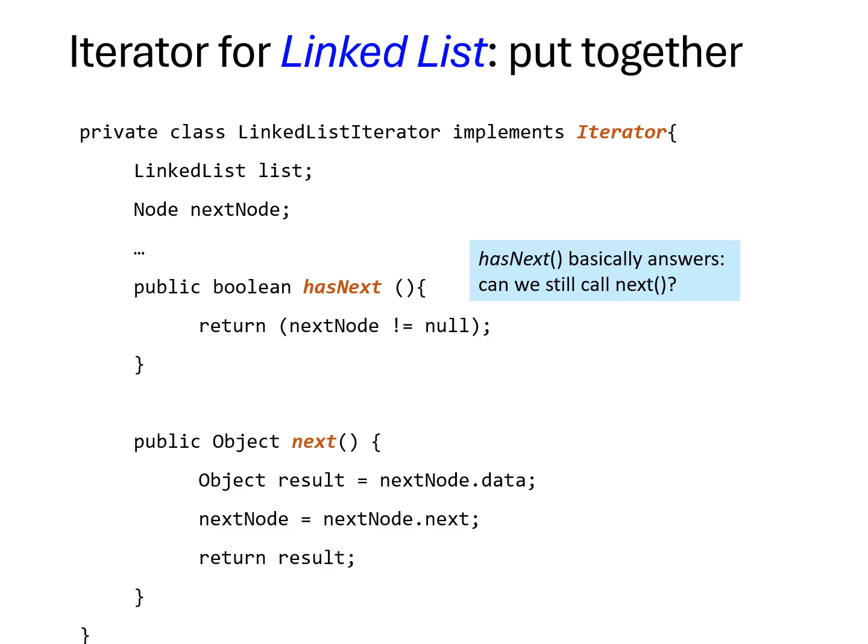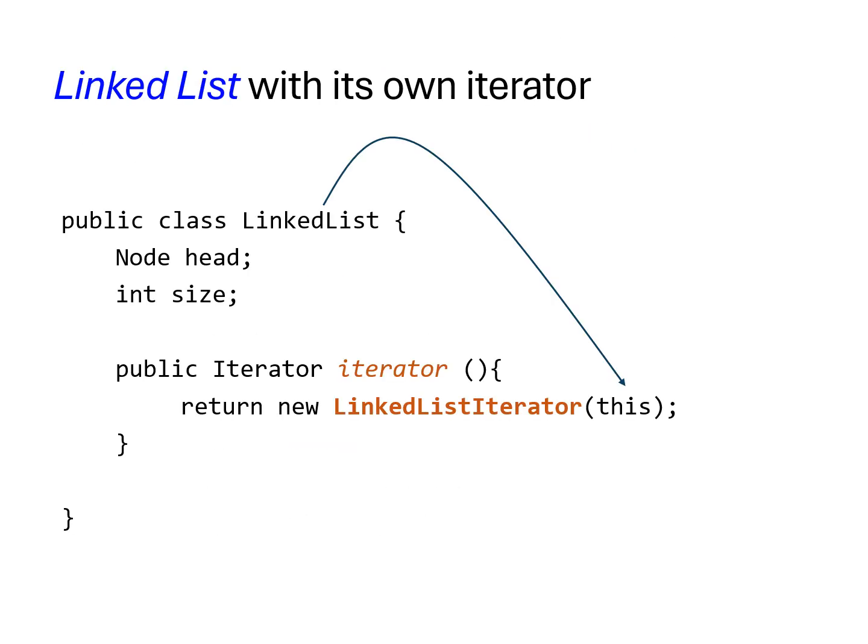Then we return the result. So after we implemented the linked list iterator, we can, in the iterator method of the linked list, return an instance of this iterator by initializing its connection to the current list in the constructor.